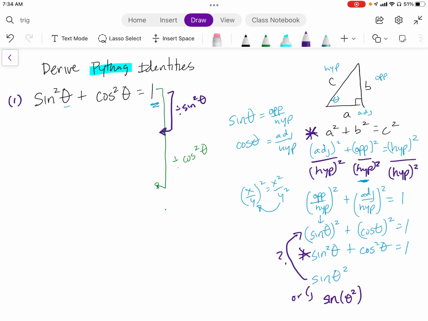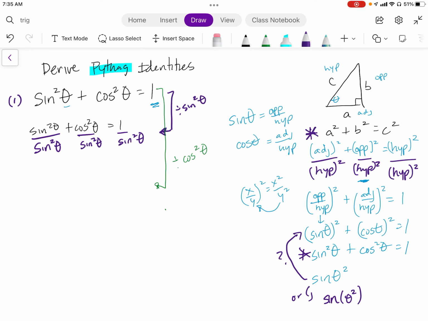So let's rewrite this and show the work. To get the second, we're going to do sine squared plus cosine squared theta equals 1, but we're dividing everything by that sine squared. Now I explained how a over b squared we could think of as one term, so I'm not even going to write all that.